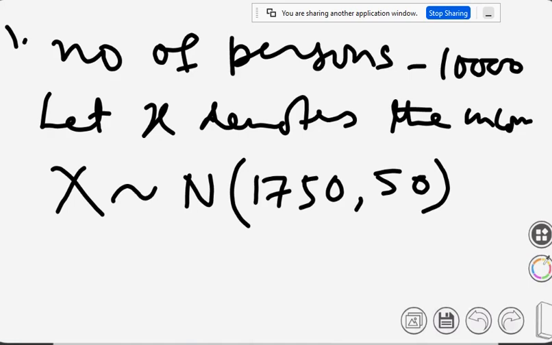1832. So the question number one is a little different. In this group 95% had income exceeding 1668.